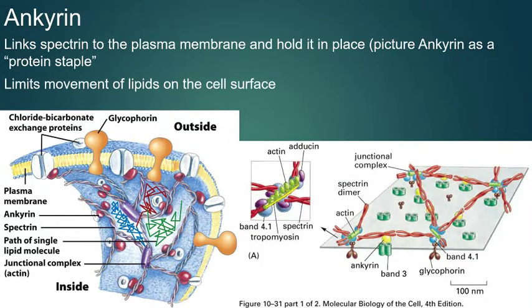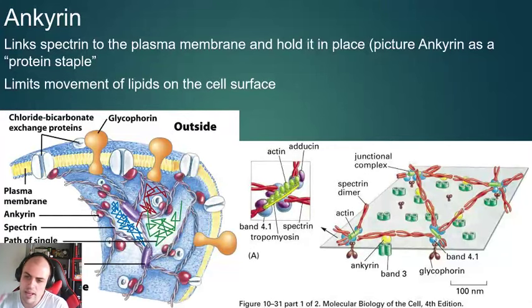Now, the last one I want to talk about is ankyrin. Again, keeping it nice and simple, ankyrin is an anchor. It essentially holds those spectrin fibers together, and it helps them to adhere to the erythrocyte cell membrane.